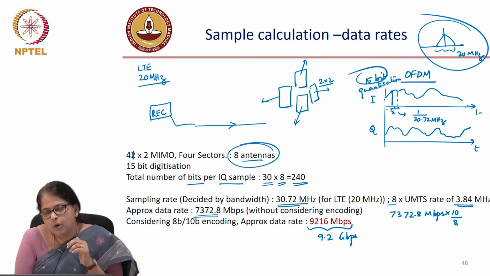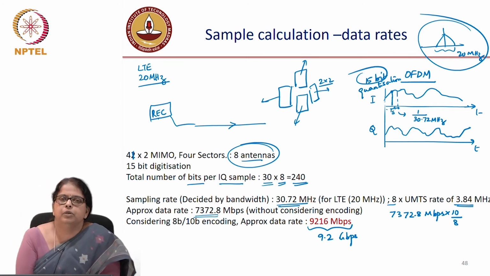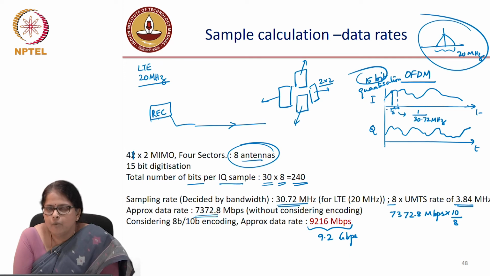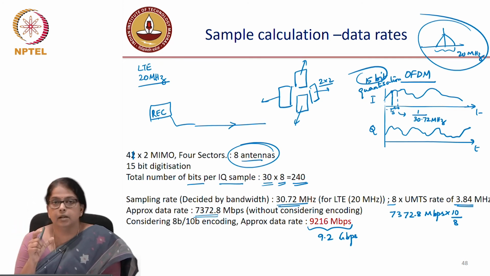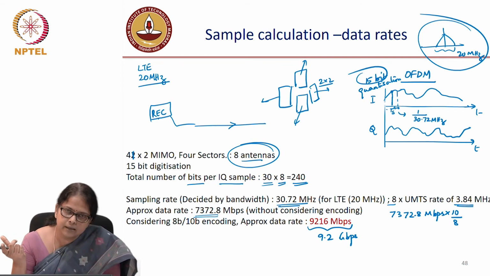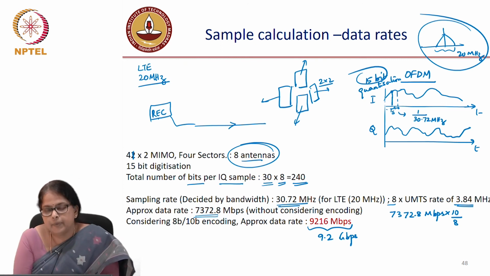Now, what if you are advancing your technology to 4G or 5G, where the bandwidth is not 20 megahertz, it could be 100 megahertz or even 400 megahertz. This data rate is required for a simple 4-sector antenna, which is just a 2x2 MIMO system.